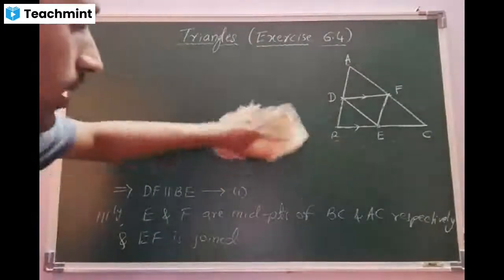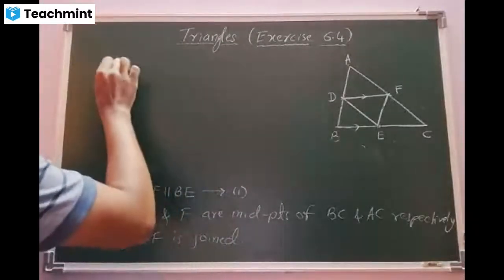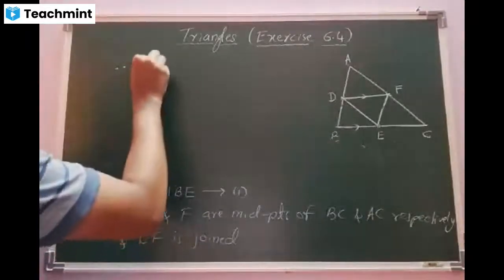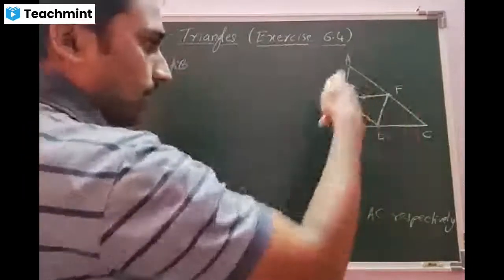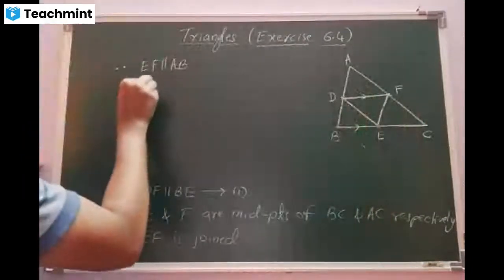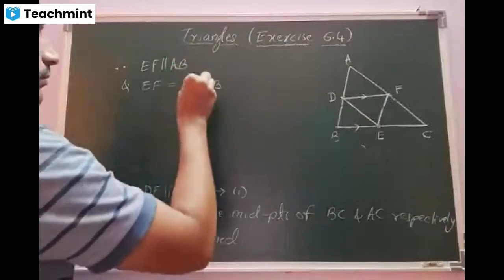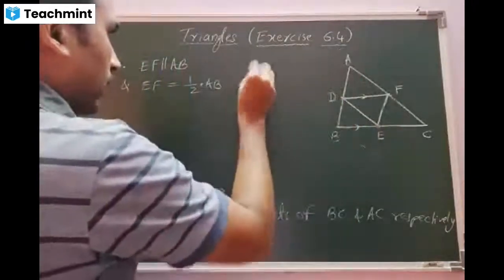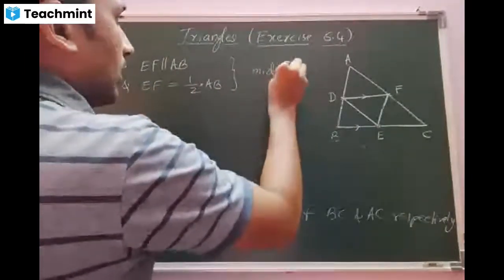According to the midpoint theorem, what can I write now? Therefore, tell me, EF is parallel to AB, and EF is half of AB. Midpoint theorem. Use the flower bracket, mention the reason.